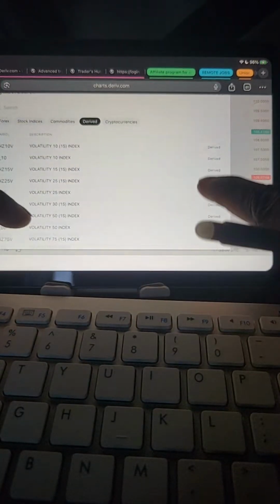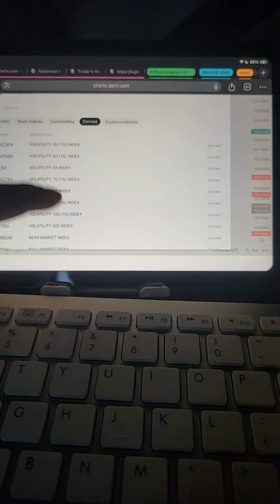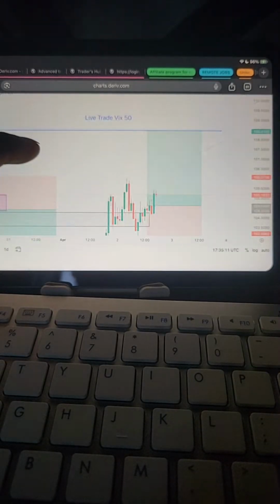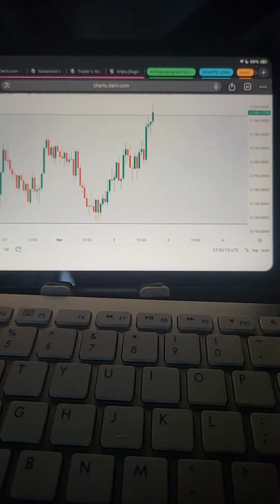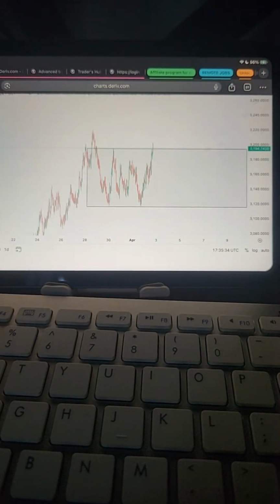So let me show you what is happening on Volatility 25. If you learn a good strategy, guys, price action, market structure, you understand the algorithm, the way market structure works, you can confidently trade any asset.